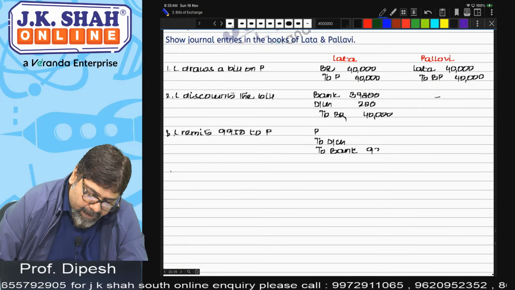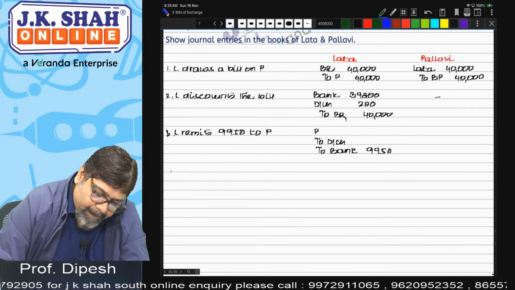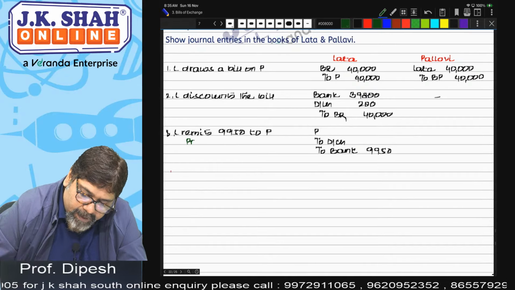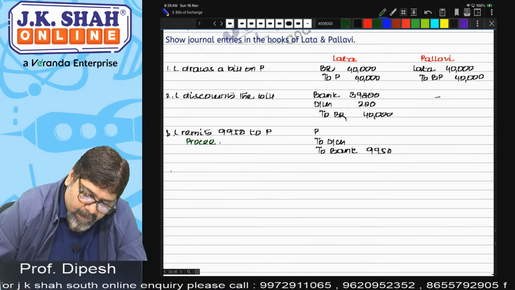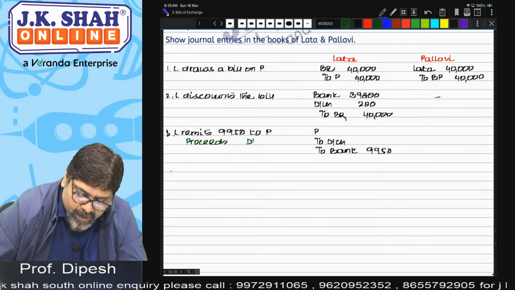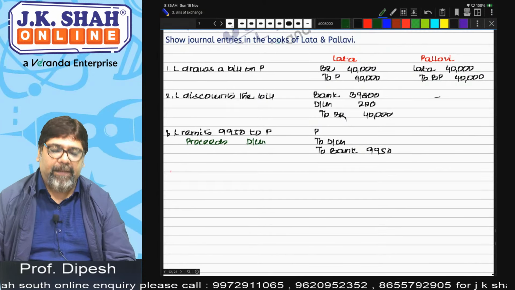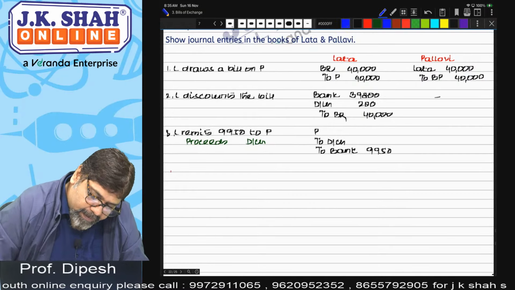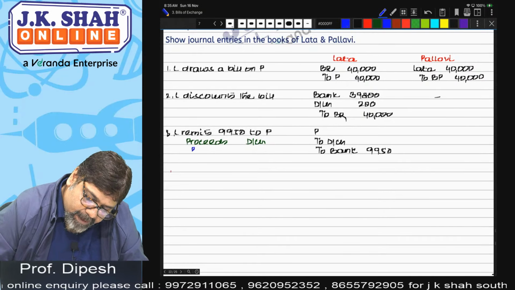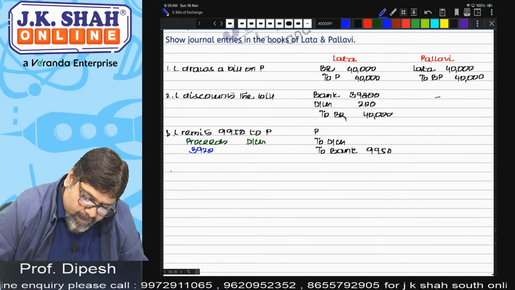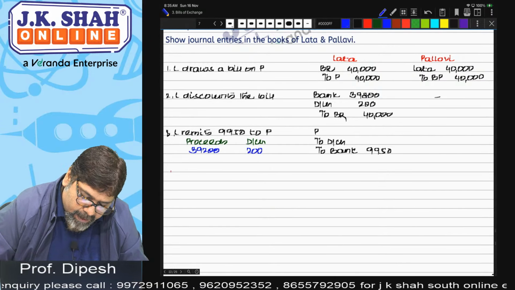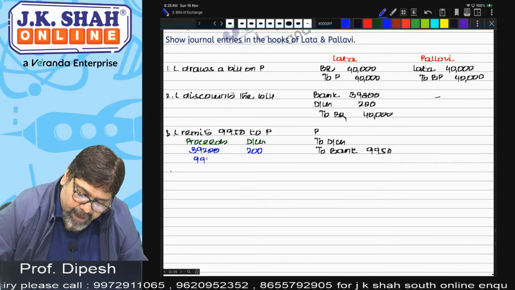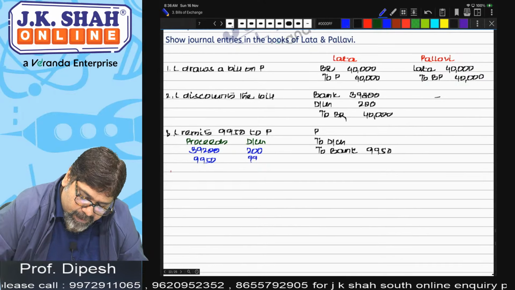In bank it is 9,950. Proceeds and discounting charges: if proceeds is 39,800, then discounting charges 200. If proceeds is 9,950, then discounting charges how much?